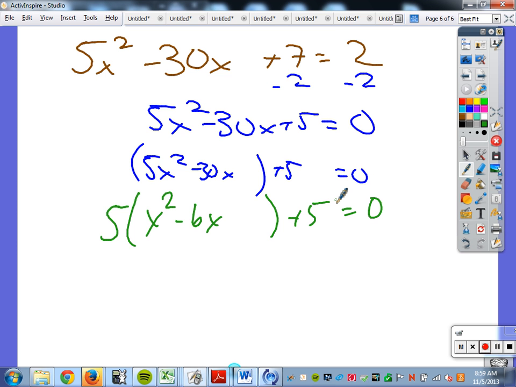What value goes in there, Aubrey, to complete the square? 9, because we take half of -6, which is -3. -3 squared is 9. Ron, you okay with that?